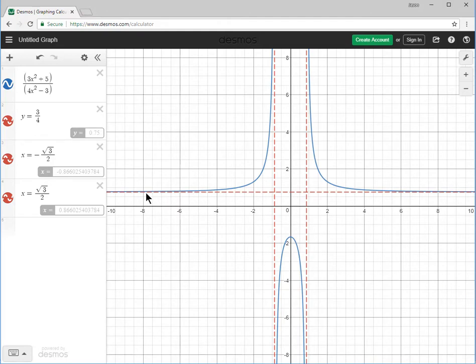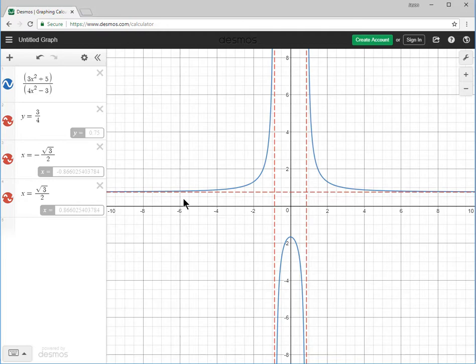And if you look, these are like boundaries or guidelines for where your graph will go and what it'll get close to. Again, with my vertical, it will never touch negative square root of 3 divided by 2, and it will never touch the square root of 3 divided by 2. But for my horizontal asymptote, y equals 3/4, your graph can touch and go across the horizontal asymptotes.